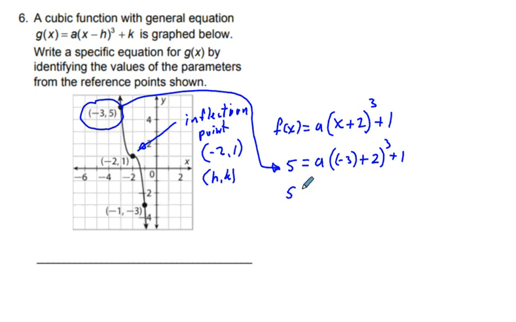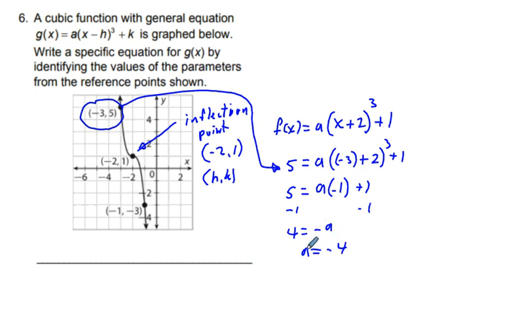We have 5 is equal to a, and -3 plus 2 is -1. So we're going to have -1 cubed, which is -1 times a, plus 1, and subtract 1. So we have 4 is equal to -a, and so a is equal to -4.